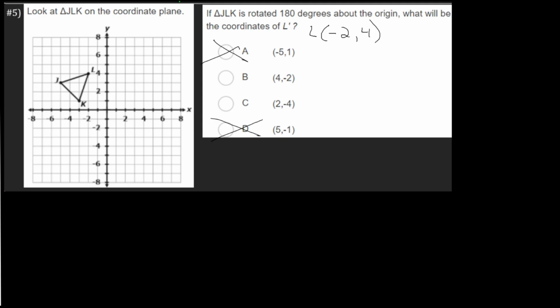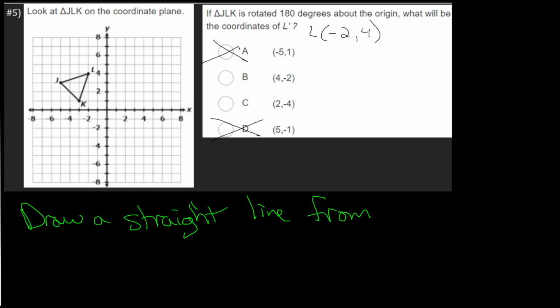And so what you can do is this. Let me write the directions underneath. I'm going to draw a straight line from L through 0, 0, because that's the point that I'm rotating around.